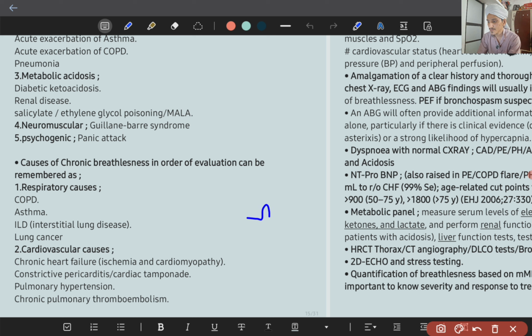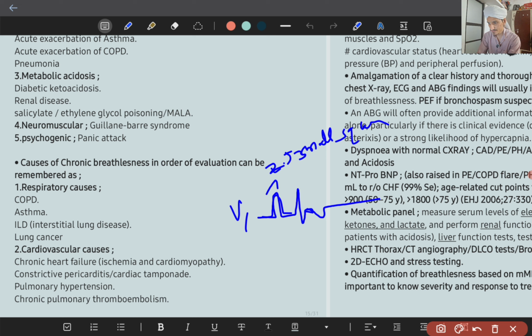So remember this one. Suppose this is V1: there will be P pulmonale, and R more than S in V1. And if there is a strain pattern, the T wave will be inverted, with asymmetrical limbs. So this is the classical graphical pattern which you can see in right ventricular hypertrophy. The P wave will be more than 2.5 small squares high.